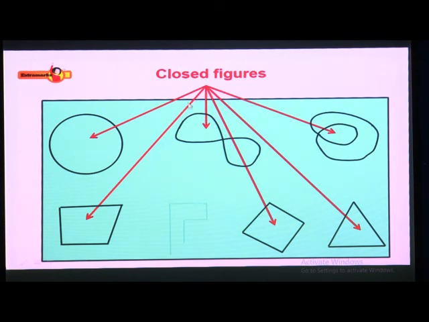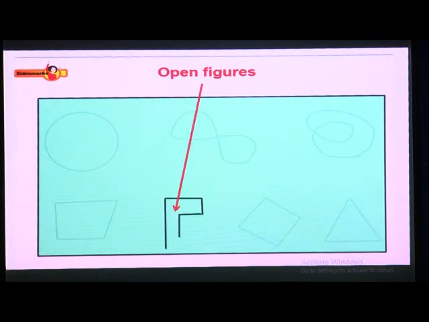In the same way, this is also a closed figure, this is also a closed figure, and these are drawn with the help of line segments, and these are also closed figures. Besides this we also have open figures, that is open from one end. Any figure which is open from one end, we call it an open figure.